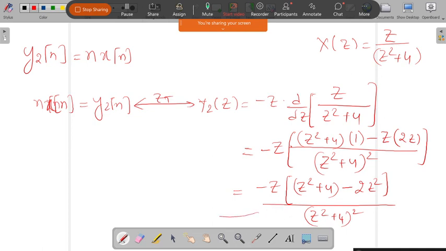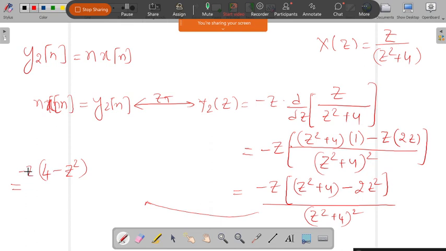So I will write this again here. Now you can see z square plus 4 minus 2z square becomes 4 minus z square, is it not? Minus 2z square plus z square gives 4 minus z square.